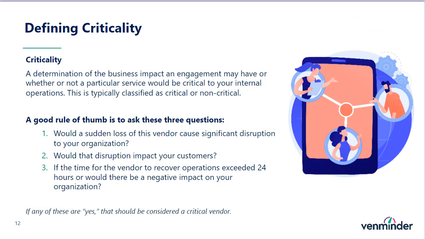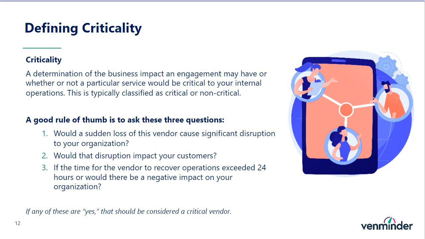Now we know not all vendor relationships should be treated the same. Again, we're always working on the principle of proportionality, so the scope of any activity we do from a vendor risk management perspective should be in proportion to the risk presented by the relationship.